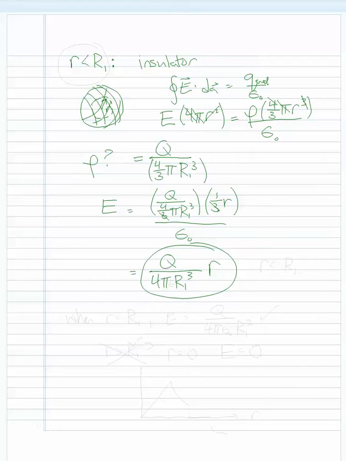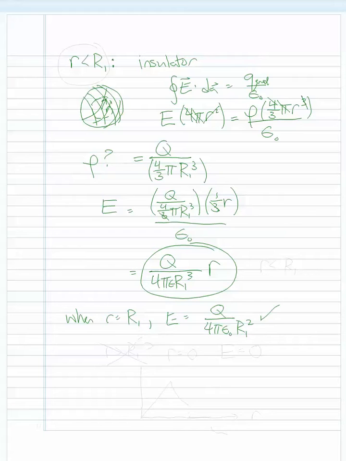What's interesting about this is it's just linear in r, but that makes sense, right? We check when little r is equal to r1, then the electric field is just Q over 4 pi epsilon naught r1 squared. That makes sense, right?